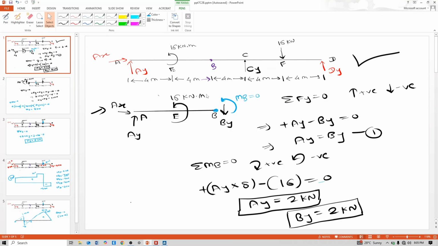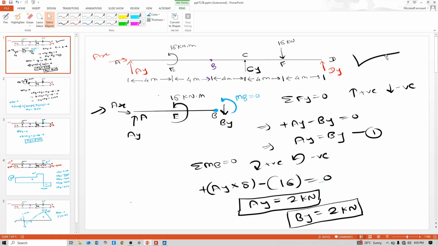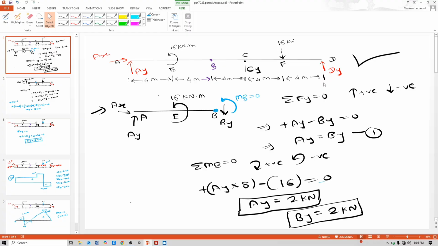So total length of this beam is 20 meter. So first node is 0, second is 12 because of this Cy support. Cy is at 12 meter from A. So second is 12 and third is 20.